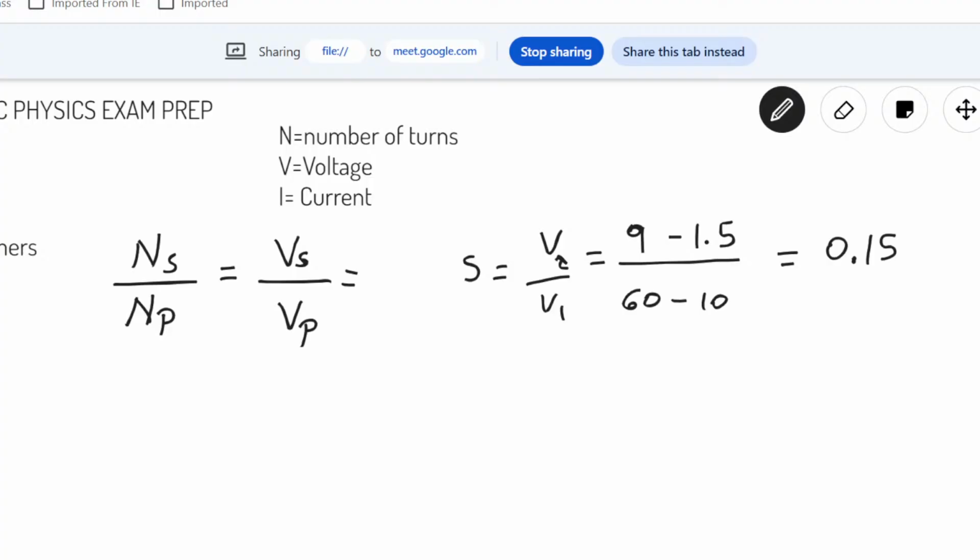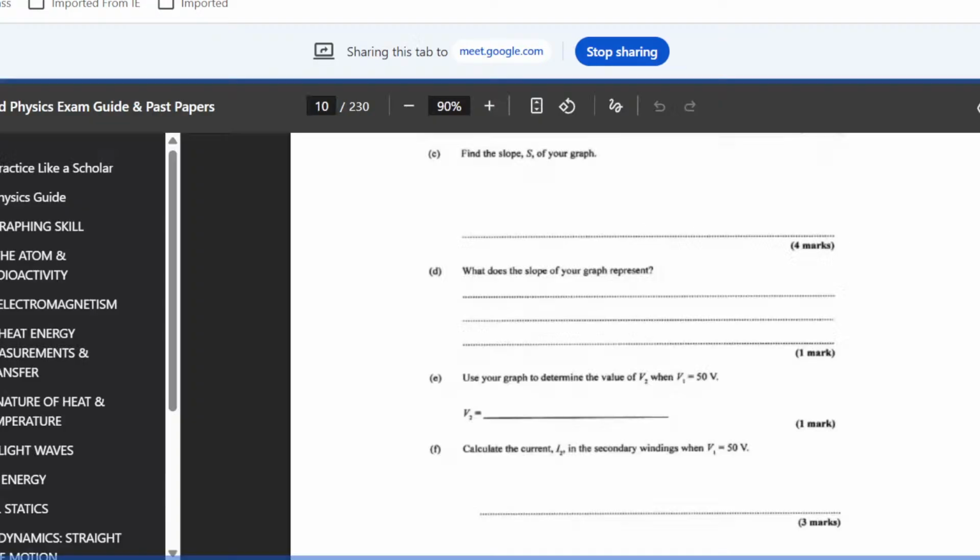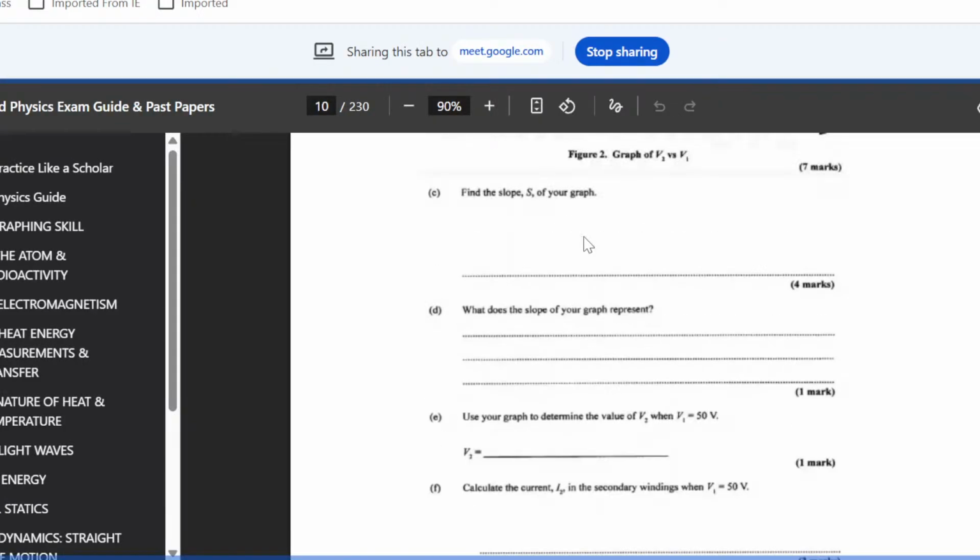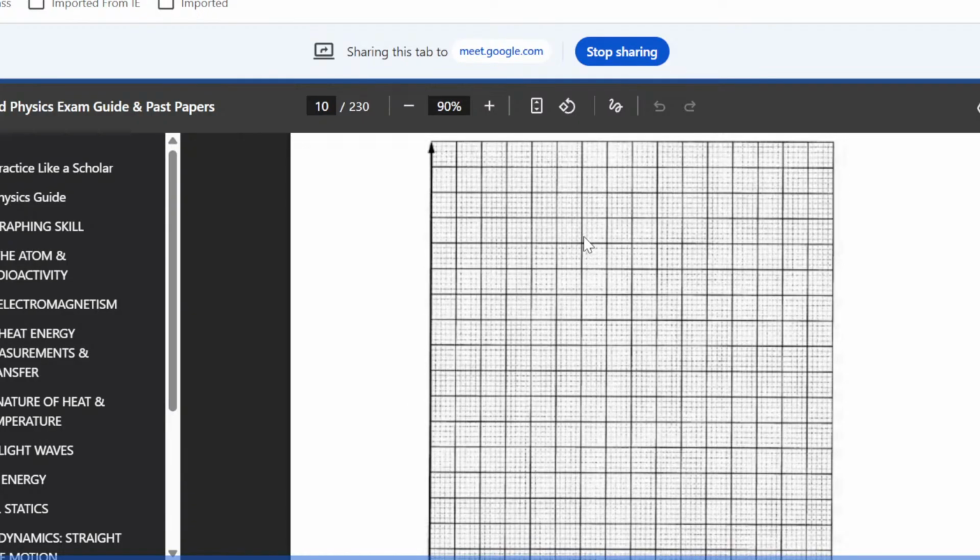All right. I should have probably stated this before. For any graph that you plot, and you're required to do a gradient, just think back to the equation that it's linked to. Always think about what the physics equation is that it's linked to. So you are plotting V2.